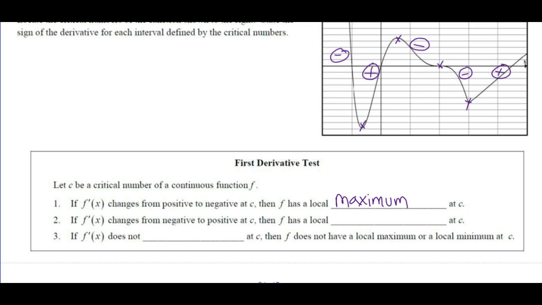If f prime of x changes from negative to positive, then it has a local minimum at c. If f prime of x does not change sign at c, then f does not have a local maximum or a local minimum at c. So if it does not change signs, right? It doesn't change signs.